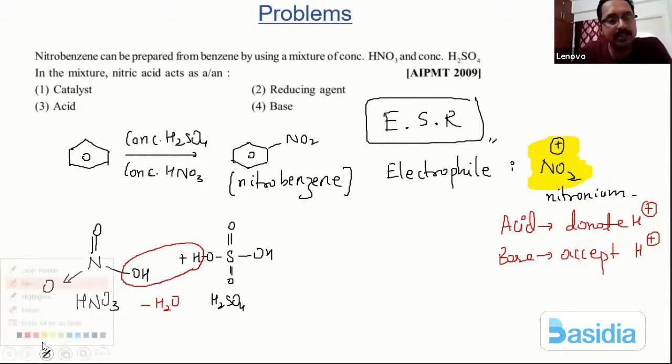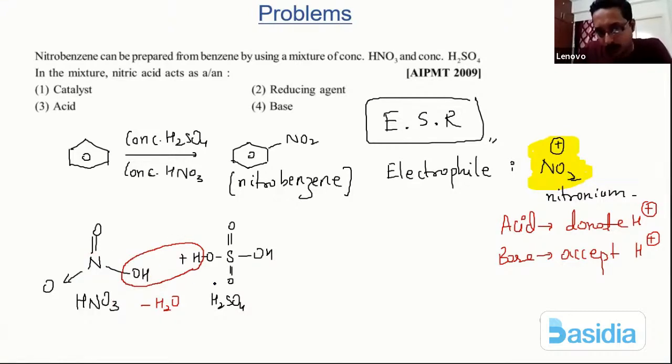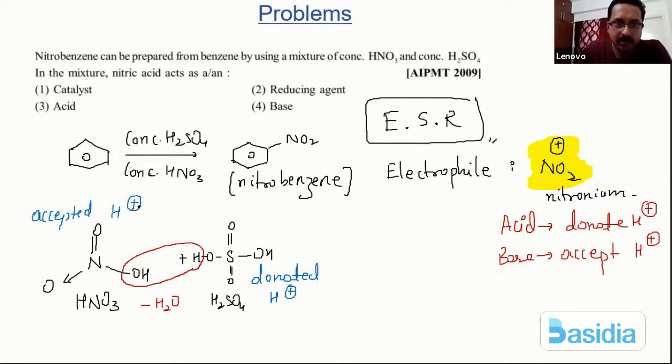So what do I understand here now? Yes, I think now you people are getting the concept. Sulfuric acid donated a proton, and HNO3 accepted a proton. So if this part is removed from here, what is going to happen now?